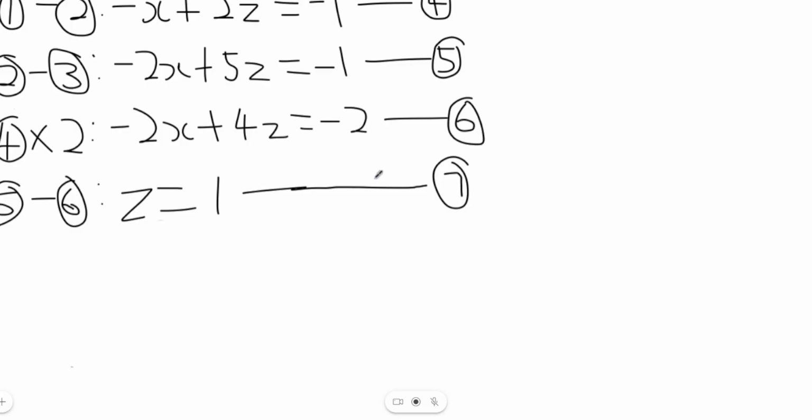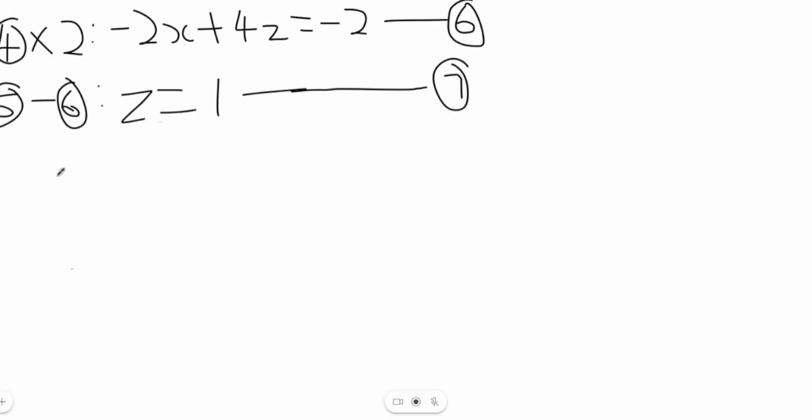So we basically replace the z with 1. That's called substituting. So we write it like this. Substitute, you can write the whole word if you want, but I'm going to choose to write it the easier way, which is just writing sub and then full stop. And then we sub 7 into 6.